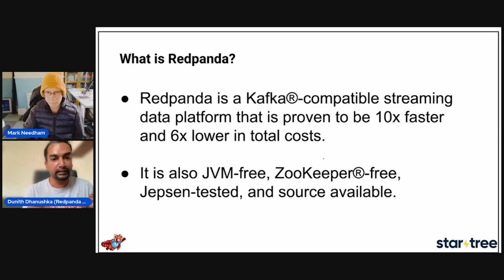Then we can configure Apache Pinot to work with Redpanda the same way you work with Apache Kafka, because they have the same read and write interfaces. That's the benefit here. You will see that in action in a couple of minutes. Over to you, Mark.